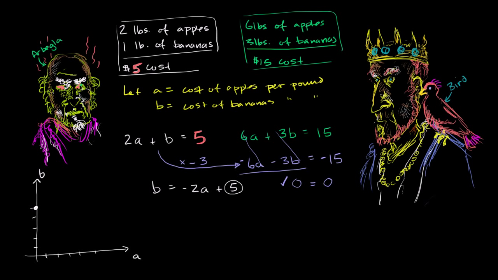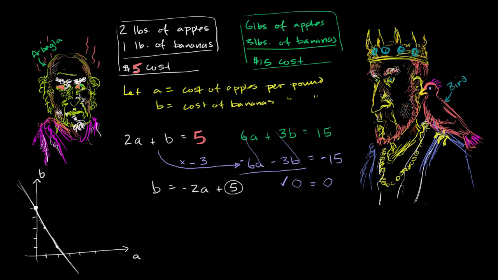Every time a goes from 0 to 1, b is going to go down by 2. So this first white equation looks like this. If we graph the solution set, these are all of the prices for bananas and apples that meet this constraint.